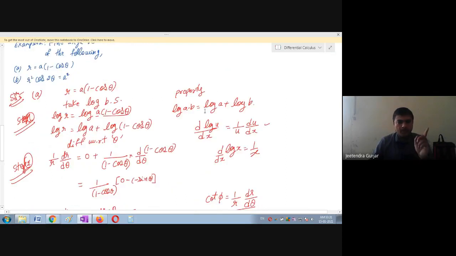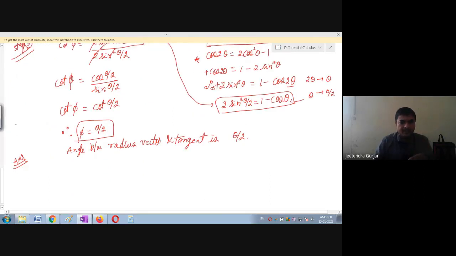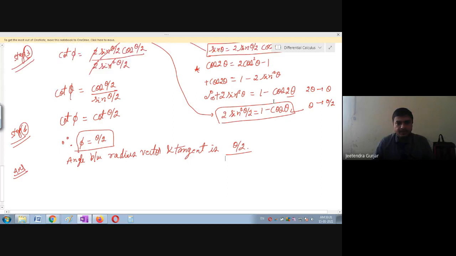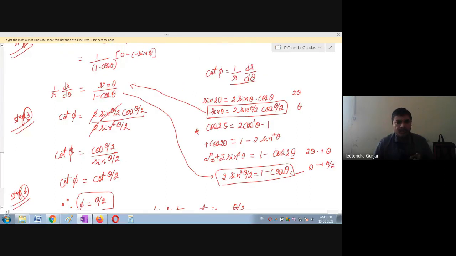So this you are going to use. And then step 4, to find the angle between the radius vector and tangent, that is theta upon 2. Is it clear, students? Any doubt, please ask me. Remaining things are modification, and you are going to use particular formulas.